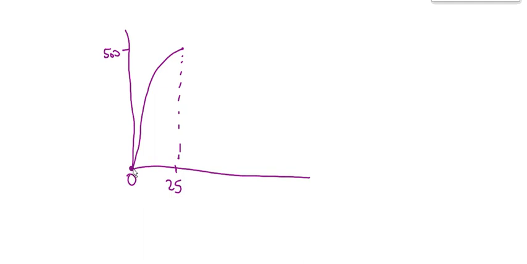Now, because it started at 0, when I want to get it back to 0, I'm going to use the symmetry principle, which is that every parabola is symmetrical around the line of axis. So because it was 25 seconds to go from 0 to the maximum, it must be 25 seconds to come back down. So if this is 25 seconds and this is 25 seconds, it's 50 seconds.